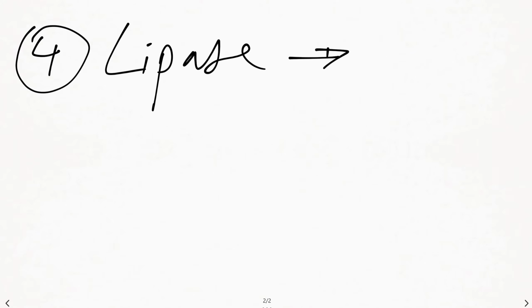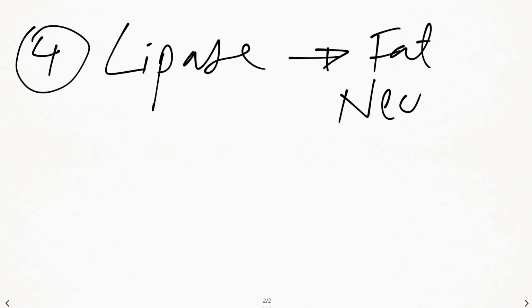So the acinar cells are damaged, proteases are released, and lipase is also released here. Lipase will cause fat necrosis, and another thing caused by lipase is calcium chelation.